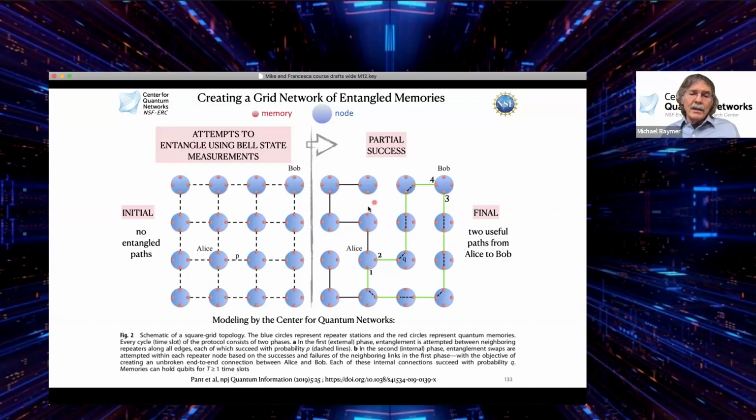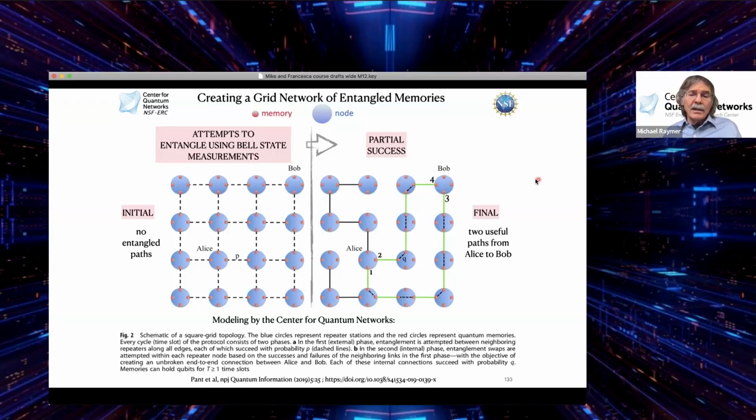So it turns out in this simulation, this one trial, this is a probabilistic simulation, it just turned out that in this particular case, Alice is entangled to Bob by 2 different pathways. Alice's memory labeled number 2 is entangled to Bob's memory number 4, and Alice's memory number 1 is entangled by this green line to Bob's memory 3.